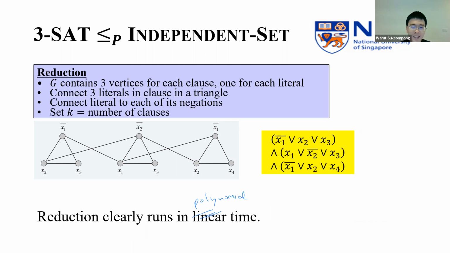So that's a good point. It doesn't really matter for the correctness of the reduction, but you might need to connect a lot of these edges, right? Maybe half the clauses contain x1, and the other half contain x1 bar. Then you need to connect quite a lot of these edges indeed. Yeah, but polynomial time.